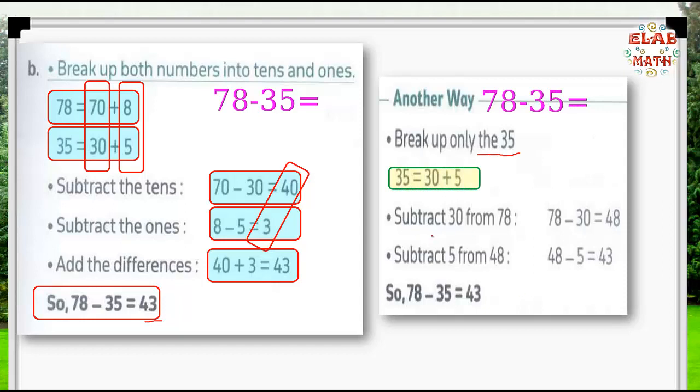First step, subtract 30 from 78. 78 minus 30 equals 48, and 48 minus 5 equals 43. 43 is the answer. 78 minus 35 is 43.